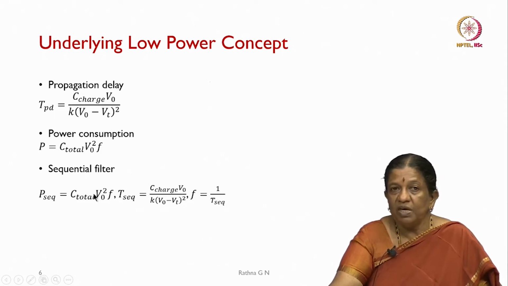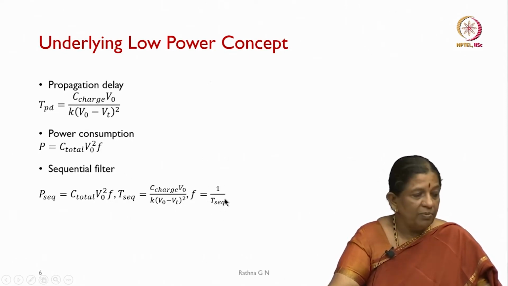We are substituting V naught with this, and then into f, which is going to be 1 by T sequential.